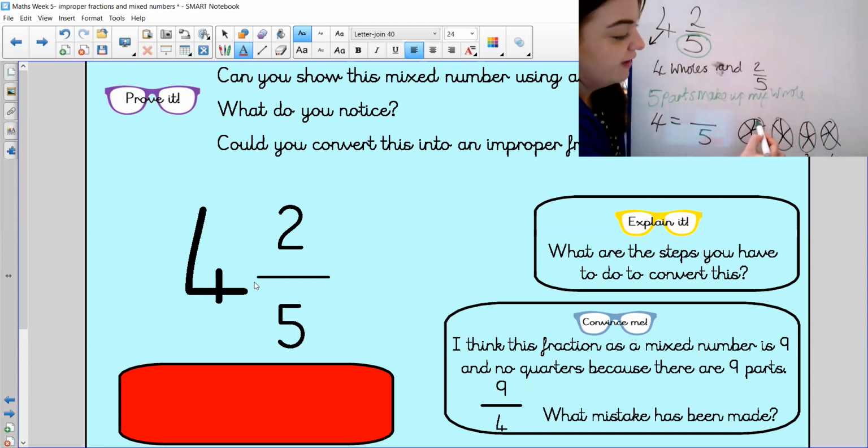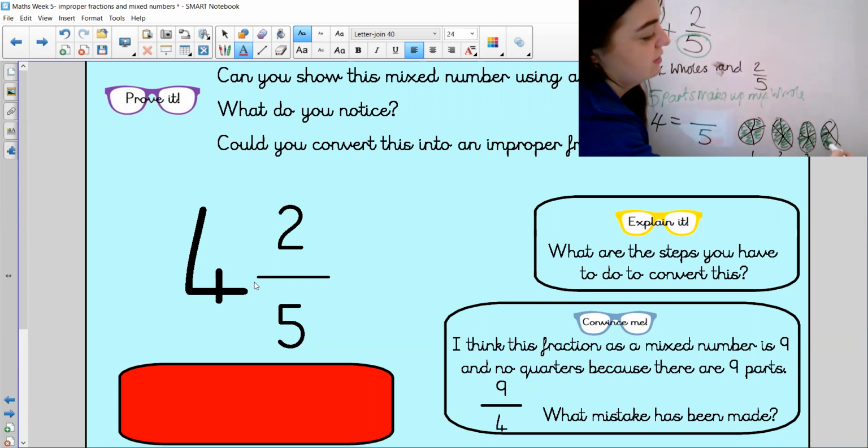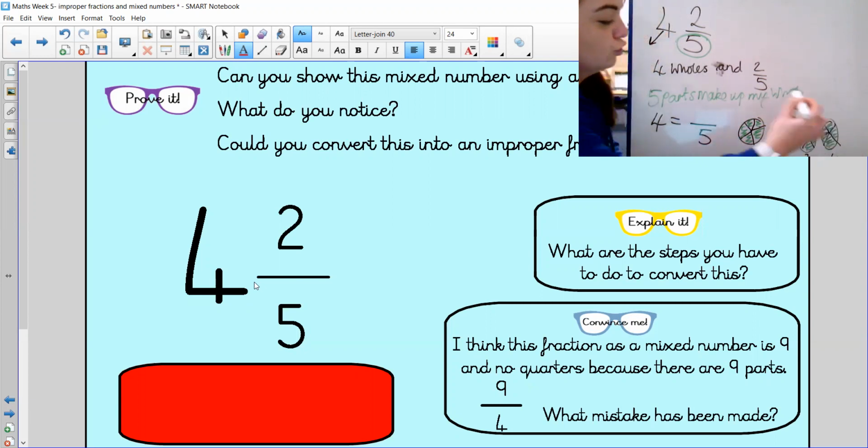Each of them is split into fifths. So I know we've got 5, 10, 11, 12, 13, 14, 15, 16, 17, 18, 19, 20. So I know that to make 4 wholes, I need 20 fifths. Can you see that?